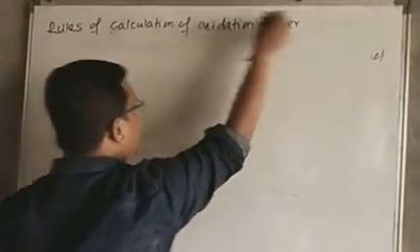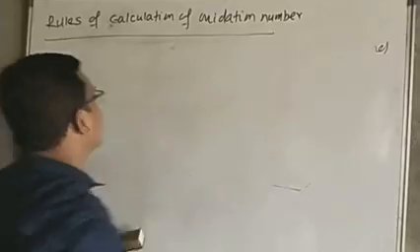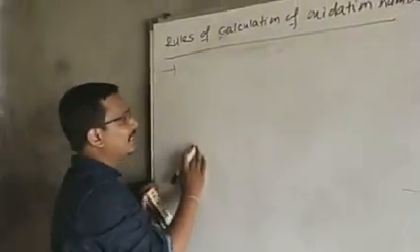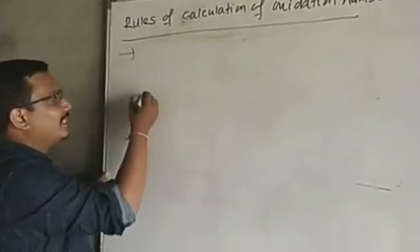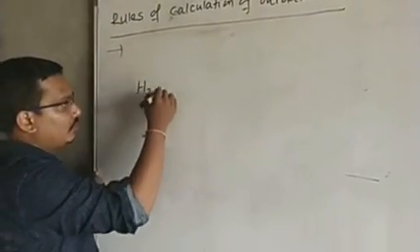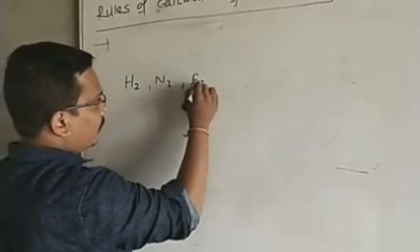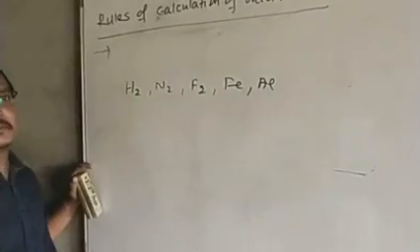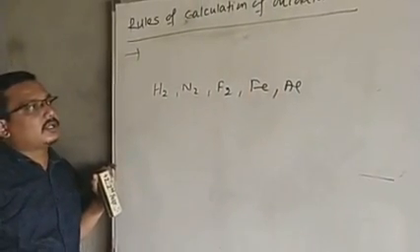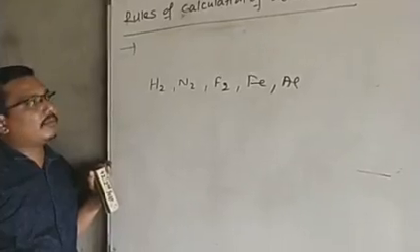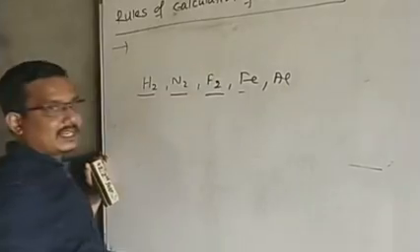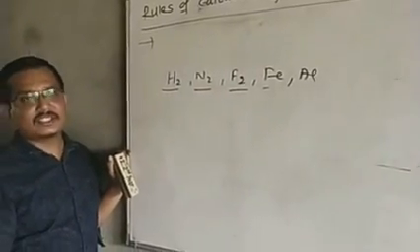First rule: suppose we take elementary molecules. What are elementary molecules? H2, N2, F2, Fe. These are the elementary molecules. If you think about the oxidation number of these elements, then it is generally taken as 0.